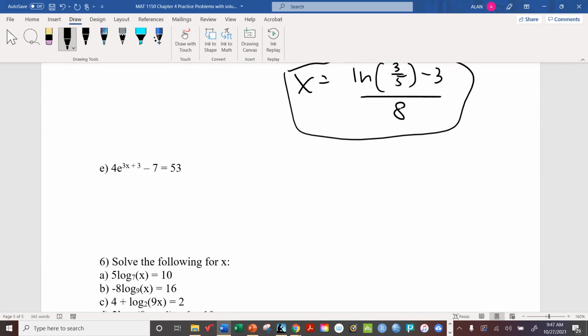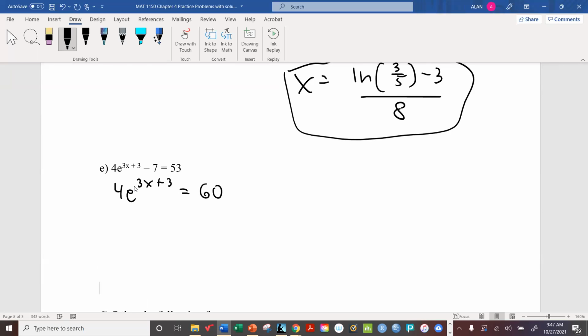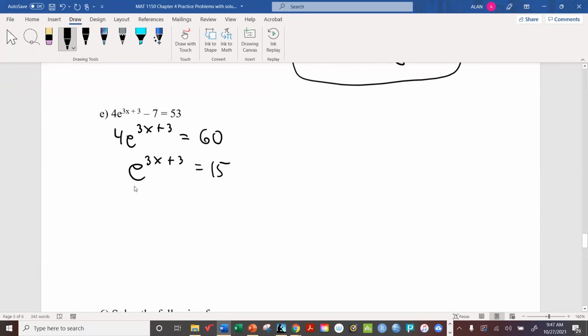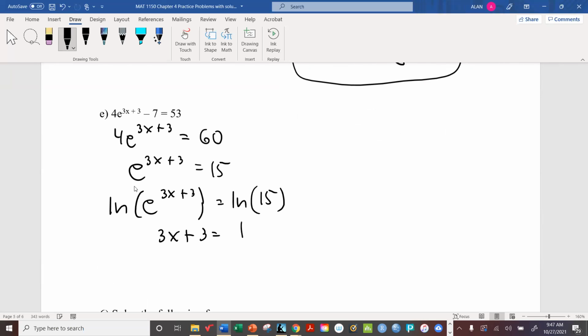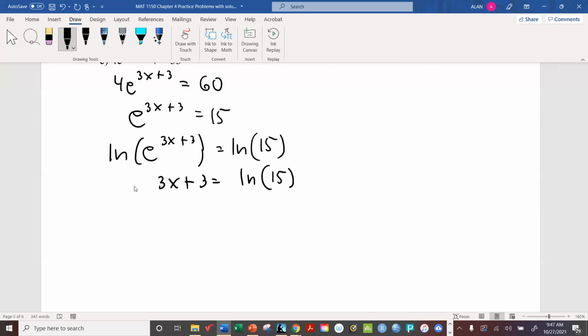Well, let's do another one. So we'll add 7 to both sides in this case. Divide out the 4. So this one's really straightforward, and then take the natural logs. Subtract the 3.